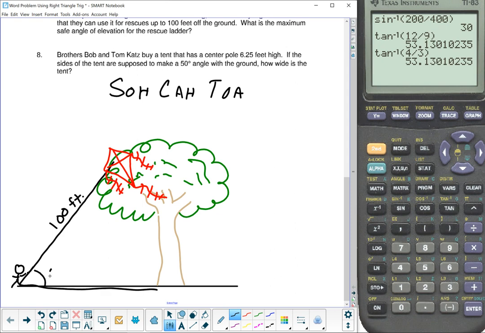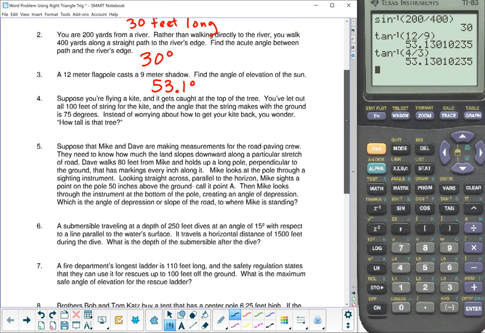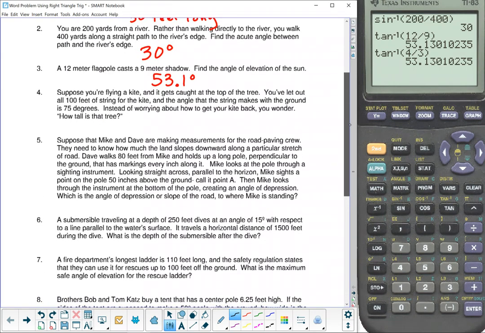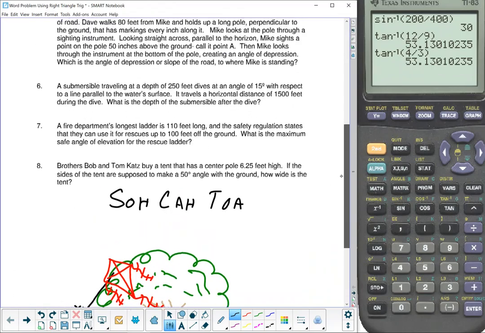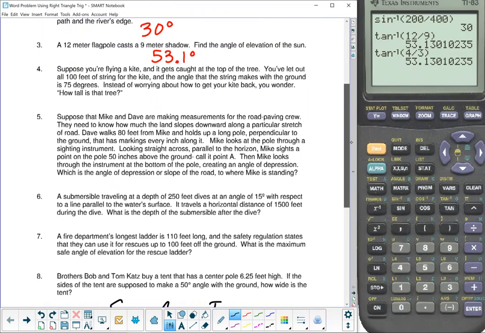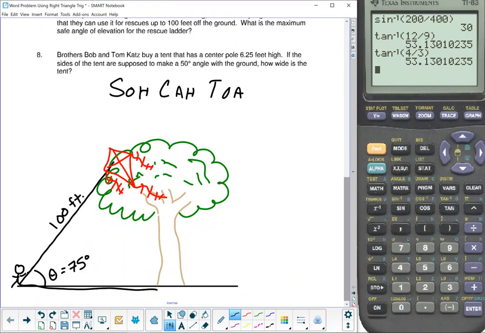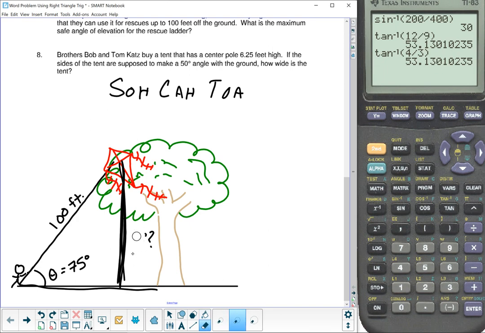And then the angle that it makes with the ground is 75 degrees. Instead of getting the kite from the tree, you ask yourself, how tall is that tree, or at least where I'm stuck at? So you want to find out how tall this is. Actually, I don't like question marks anymore.